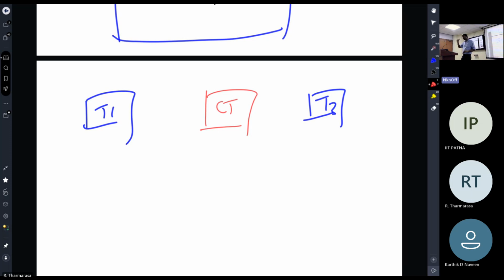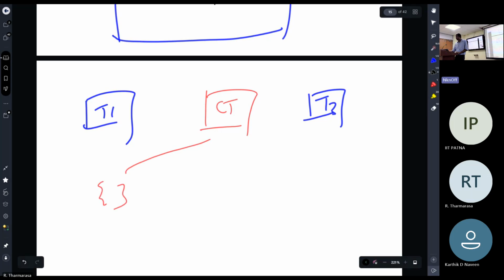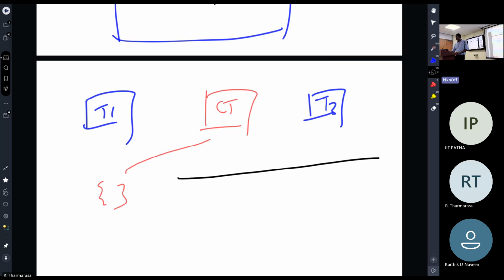To simplify this whole situation, assume there's only one target, only one track. Initially this track is empty. Say this is the time axis, and you get updates at T1, T2, T2.